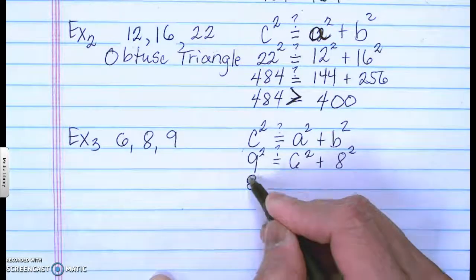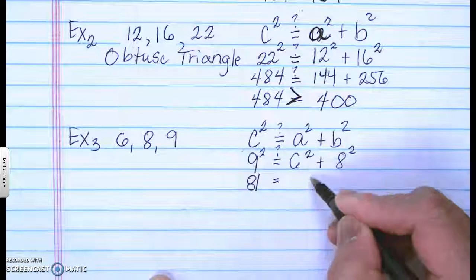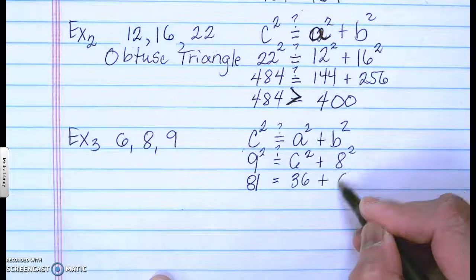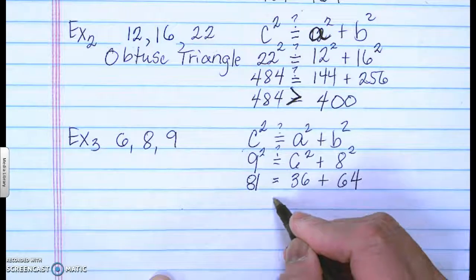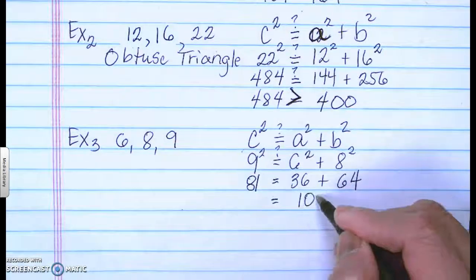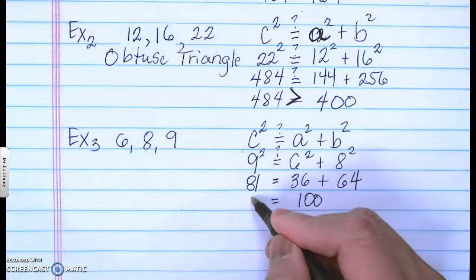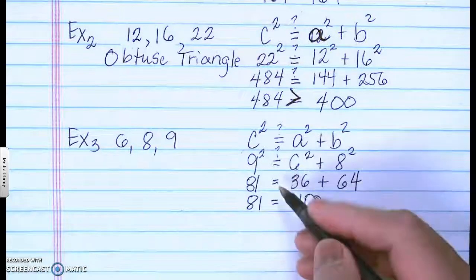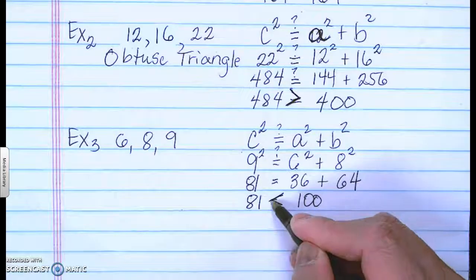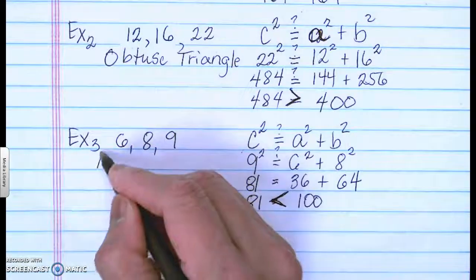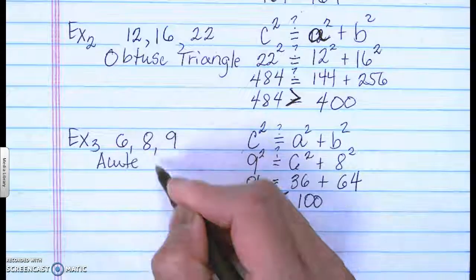This is 81 equals 36 plus 64. And this is going to be 100. And this is going to be 81. Obviously, this side is less than this side. This is going to be called an acute triangle.